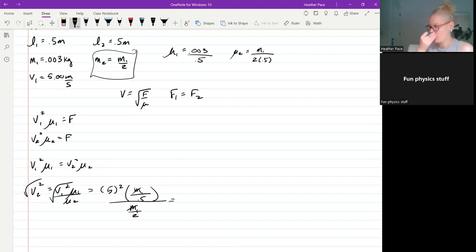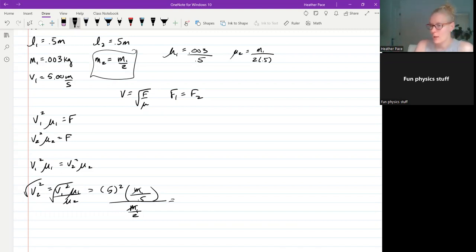In a problem like this, or in your tests and quizzes, this is probably not super important, but when you are solving an enormous task that you have to solve really quickly, or a big problem where you end up with enormous algebra, it's really important to be able to know what you can cancel out. So when you see something that says it's half of, leave it as M1 over 2.